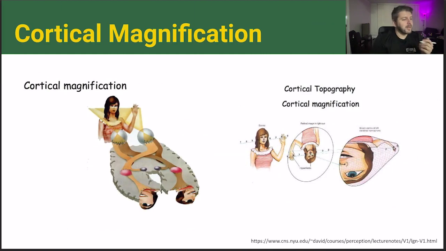So cortical magnification is related to the idea of this sensory homunculus, and just like we saw there, there's a distortion effect between what we're actually focusing on.